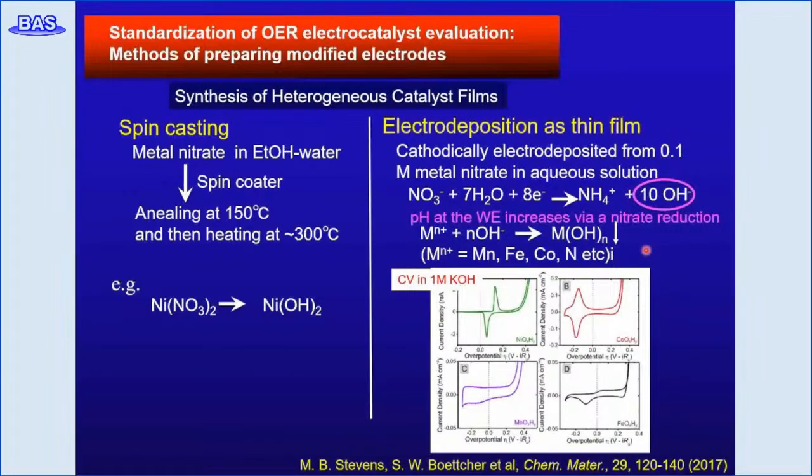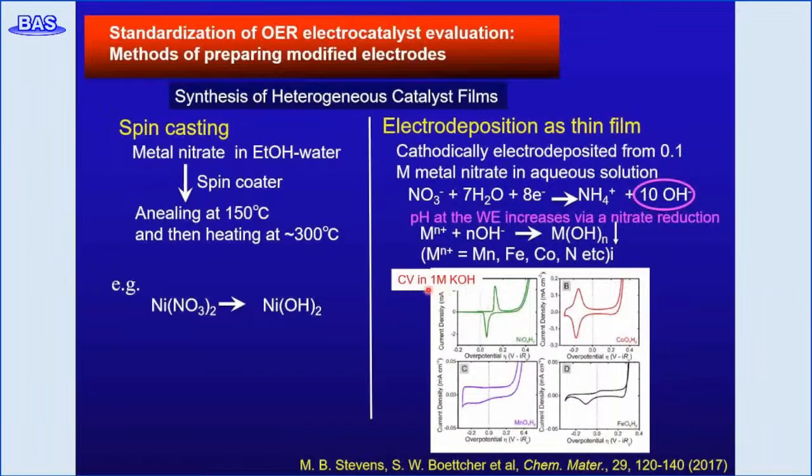Here is a cyclic voltammogram of nickel, cobalt, manganese, and iron hydroxide electrodeposited films in 1 molar potassium hydroxide.